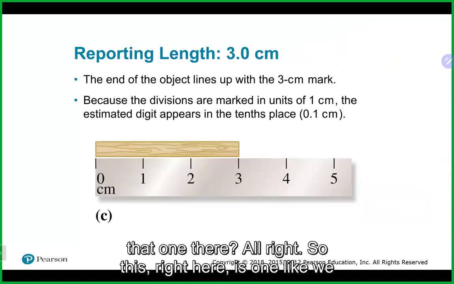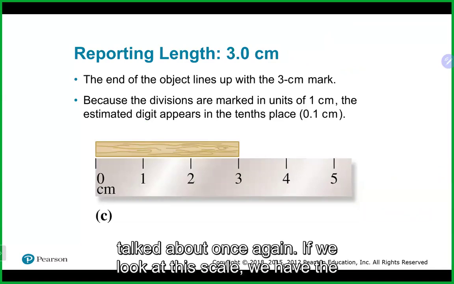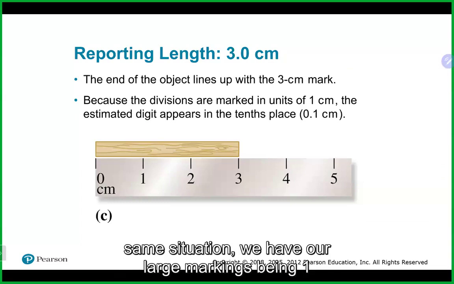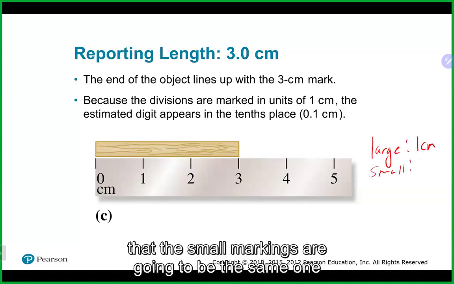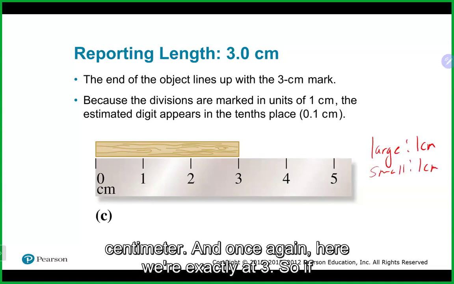All right, so this right here is one like we talked about. Once again, if we look at this scale, we have the same situation. We have our large markings being 1 centimeter. There are really no small markings, so the small markings are going to be the same 1 centimeter. And here, we're exactly at 3.